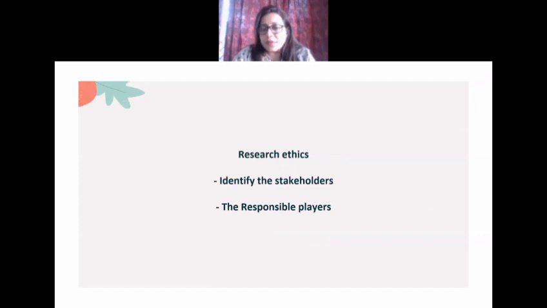With respect to research ethics, I have a question for you, some thinking space for you now. Can you identify the stakeholders when we start into the realm of research ethics? Who are, and who should be, the responsible players in research ethics?